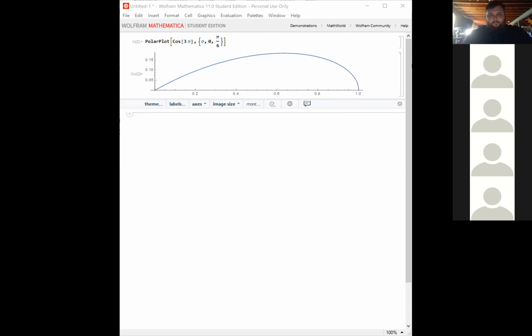Could you explain again how you get the pi over 6? Remember that we said we want the radius, this whole function, cosine of 3 theta, to equal 0, right?